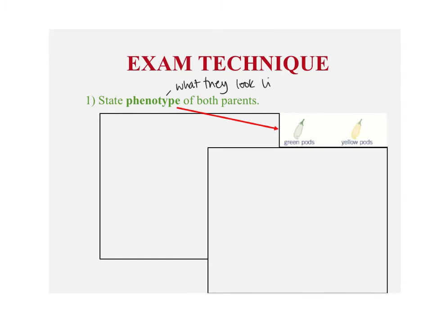And hopefully it will say this in the question. Okay? It might also say that G is dominant, or big G is dominant to little g, and big G gives a green phenotype.